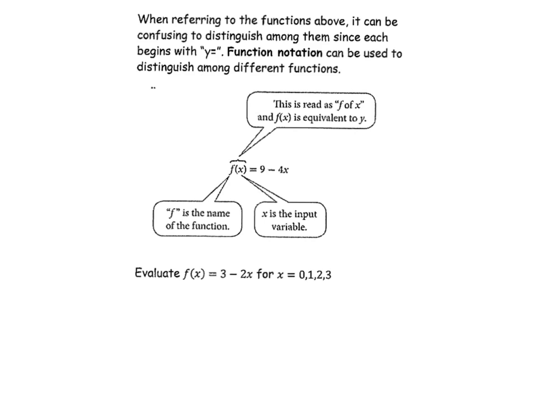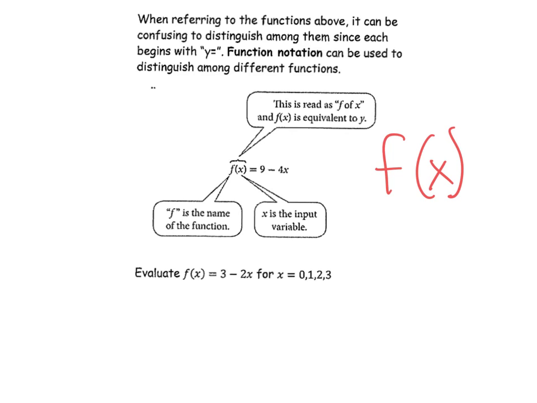When referring to the functions above, it can be confusing to distinguish among them since each of them begins with y equals. So, we're going to write something different instead of y equals. A lot of times when we write y equals, your brain thinks, oh, I'm going to graph it. So this function notation means the function of x.